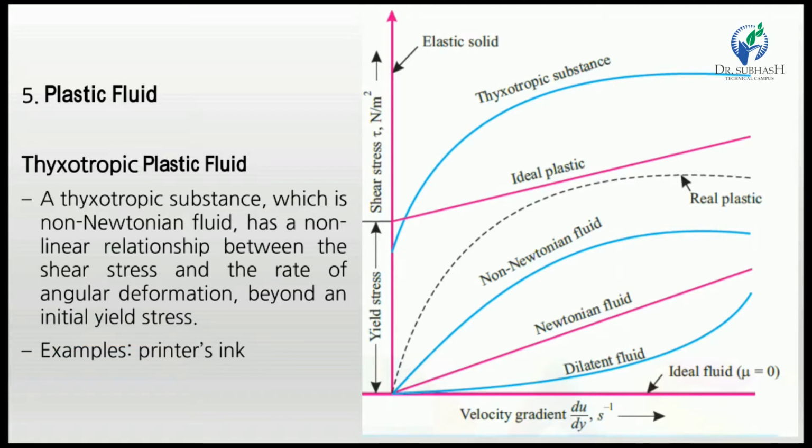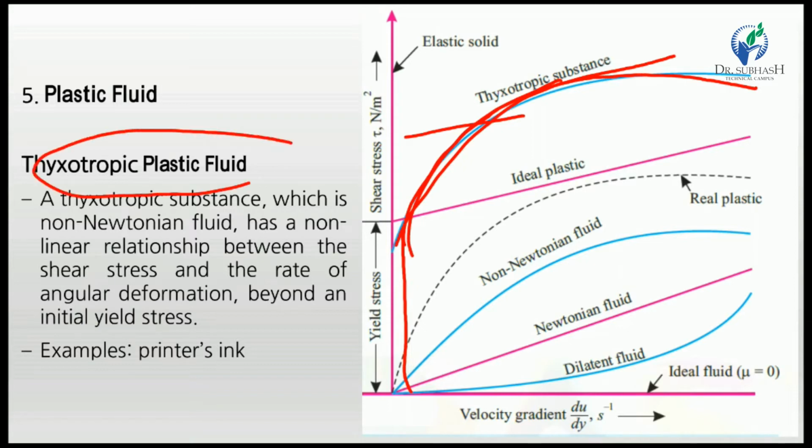So in this plastic fluid, after the yield stress, the shear stress is not directly proportional to shear strain. So the graph is not straight. This type of fluid is a thixotropic plastic fluid. Okay.